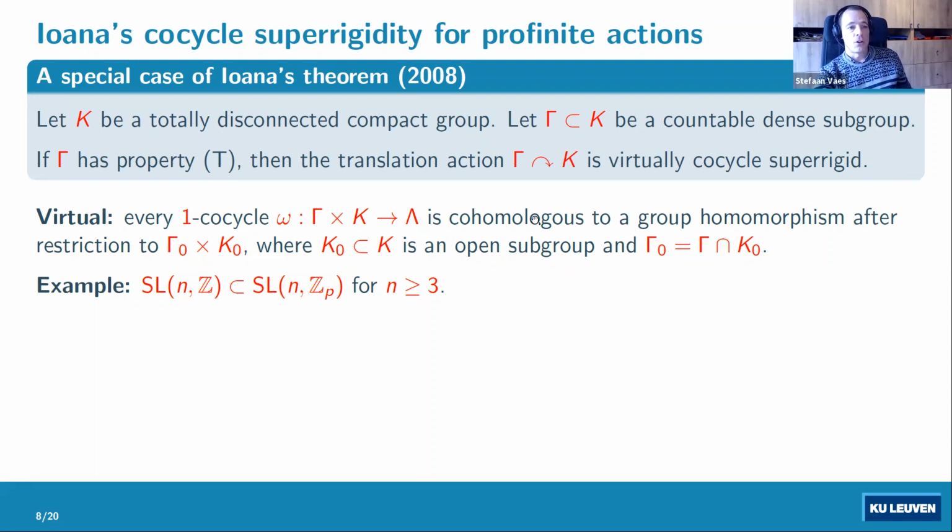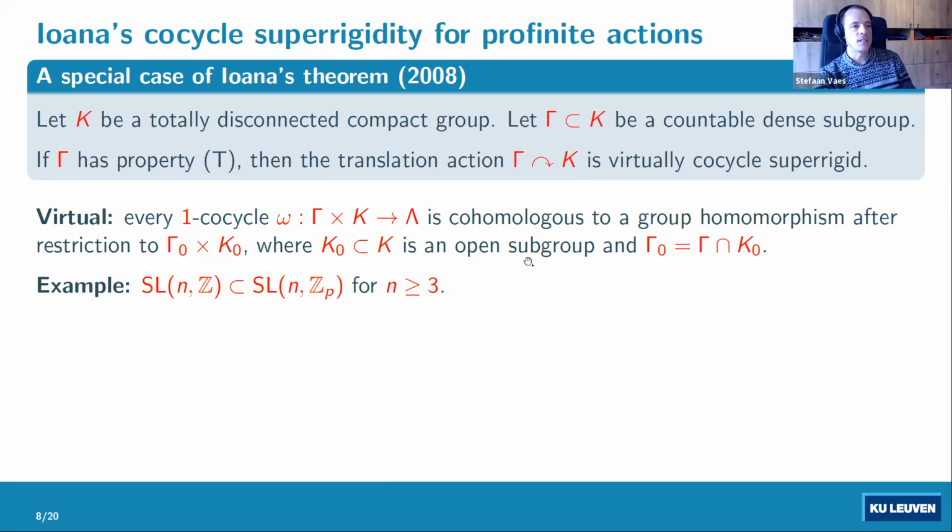If you want a concrete example, take SL_n(Z) in SL_n of the p-adic integers for n at least 3. This one has property T, and this is my compact totally disconnected group. What is different here is that we are looking, as we will do later, at locally compact groups on which we act by translation by a dense subgroup.